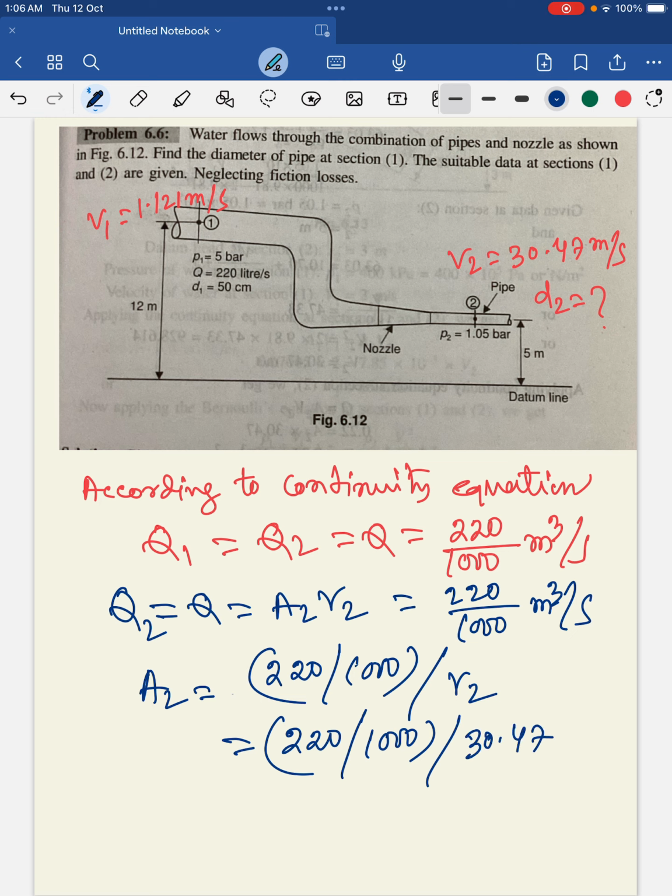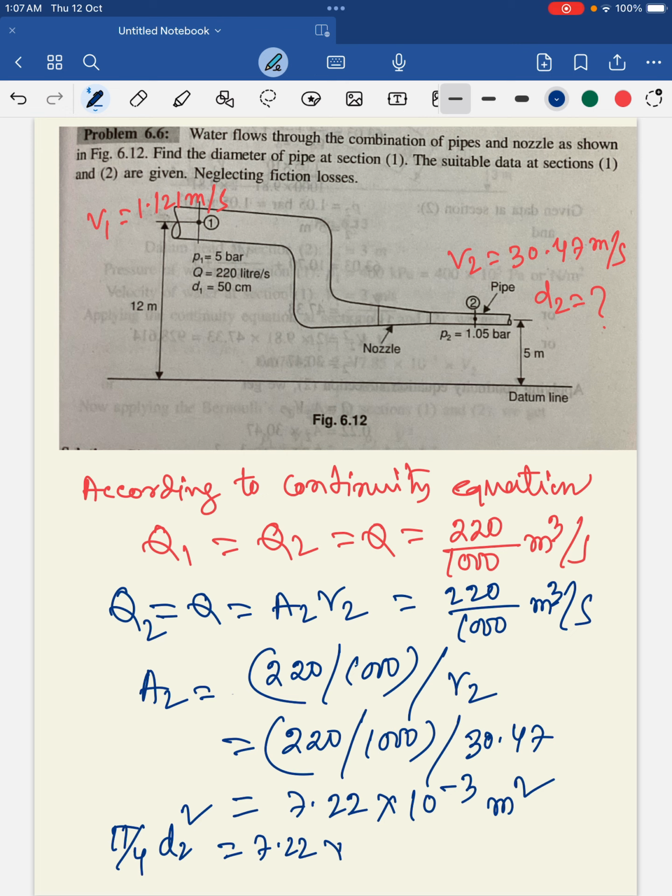Now if we calculate, A2 will be 7.22 into 10 to the power minus 3 meter square, and we also know A2 is nothing but pi by 4 d2 square, that is 7.22 into 10 to the power minus 3.